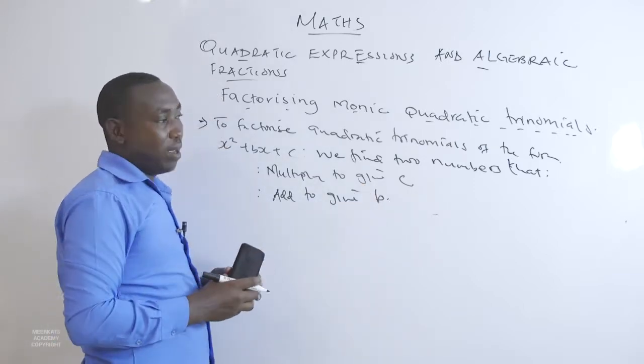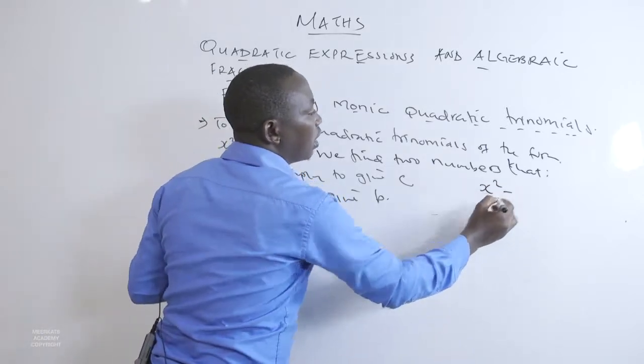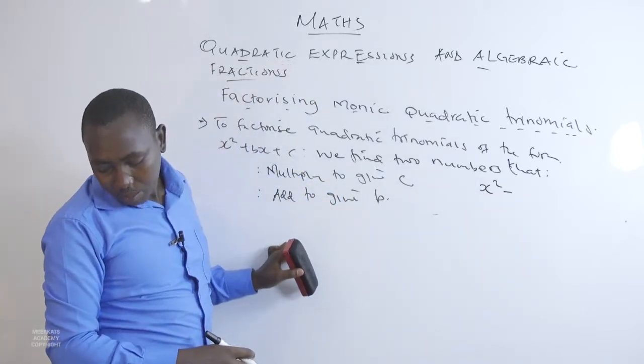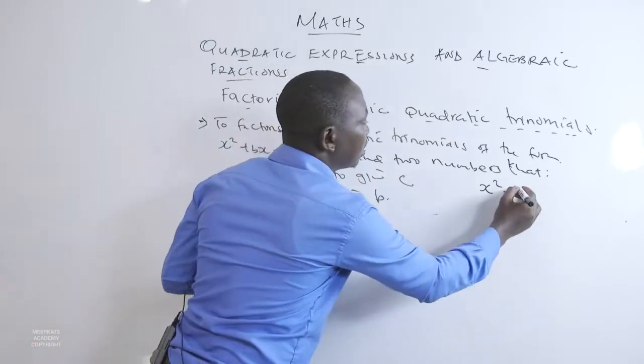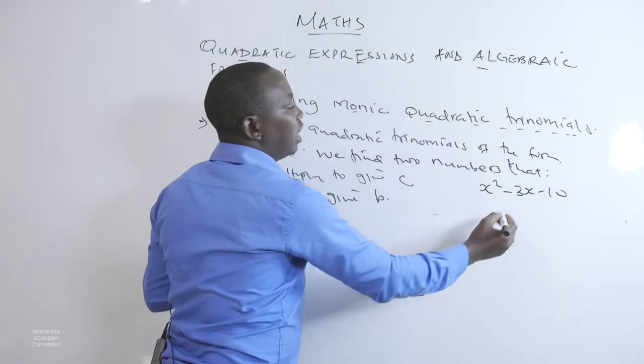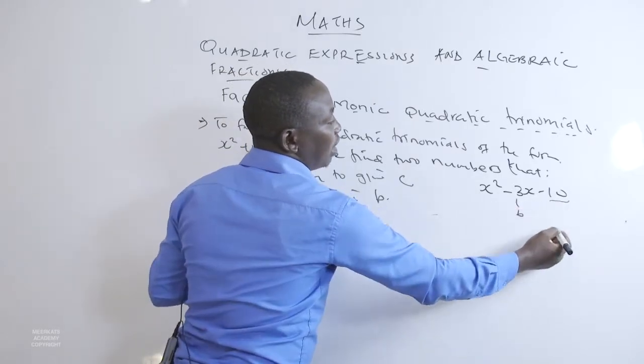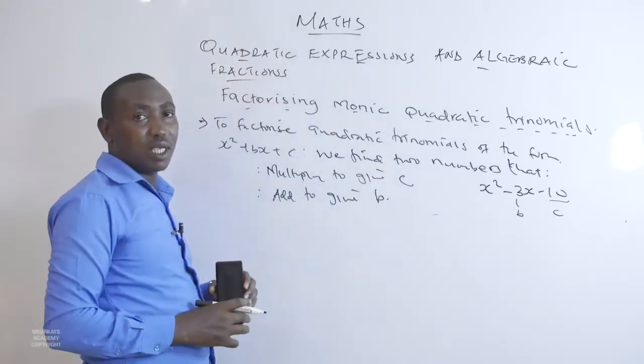Add to give b. So we're going to use an example of x squared, subtract 3x, subtract 10. So this negative 3 is going to be your b, negative 10 is going to be your c.